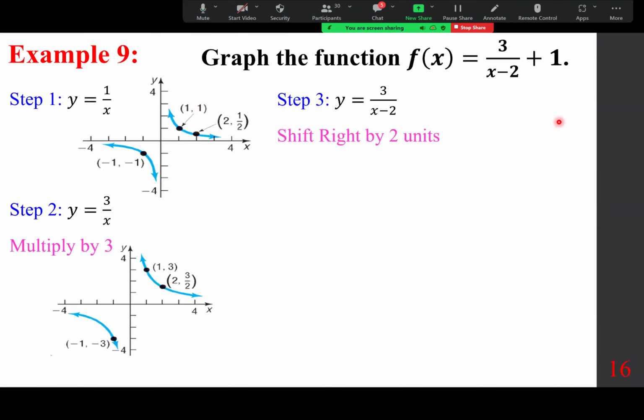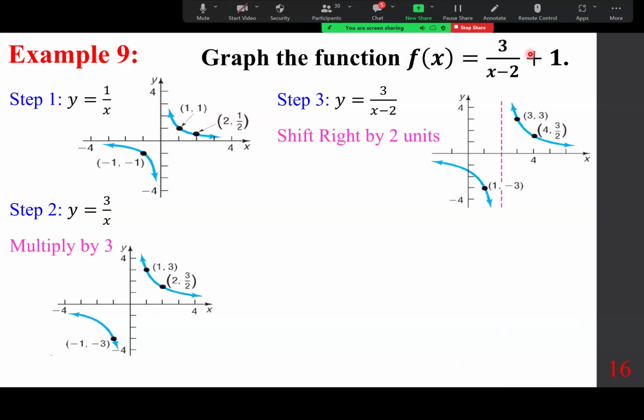So that means add 2 to the x coordinate. So this is 3, 3, this is 5, 3 halves, and this one, -1 plus 2 is +1, -3. So those 3 points. It's really good practice to have a few points, and you see the transformation.